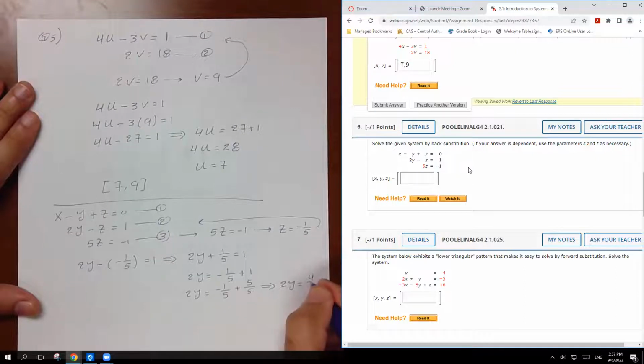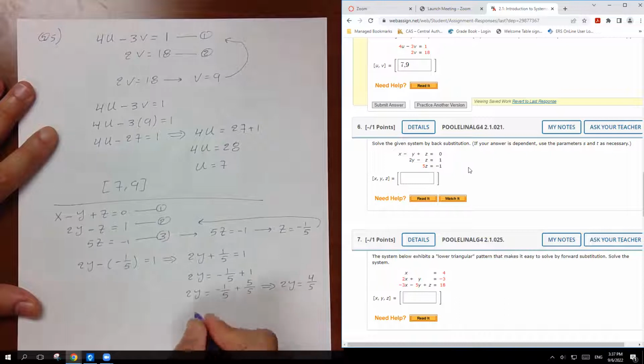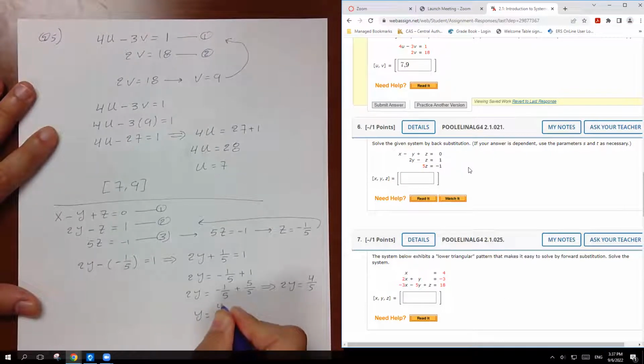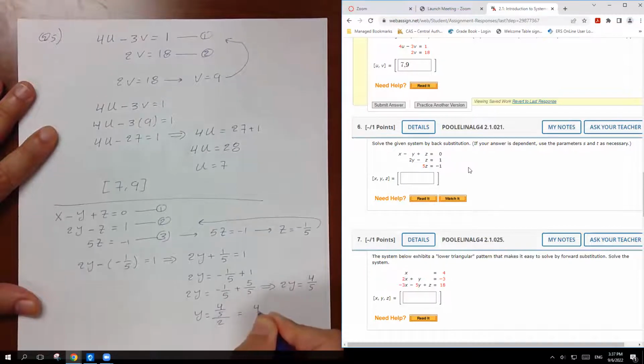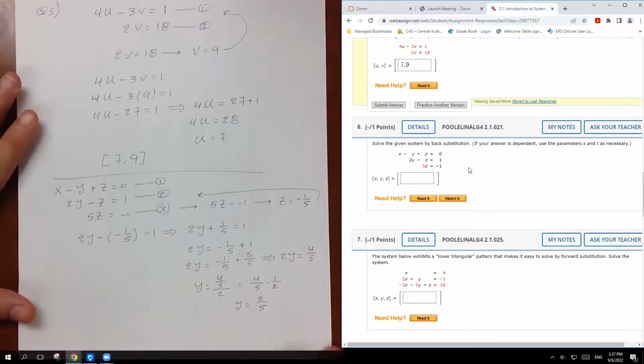Divide both sides by 2. So y is going to be equal 4 over 5 divided by 2, and this one is going to be 4 over 5 times 1 over 2. So y is going to be equal 2 over 5. To simplify this one, it will be 2 over 5.